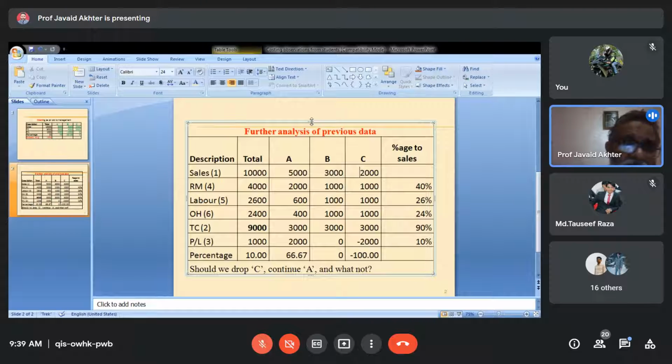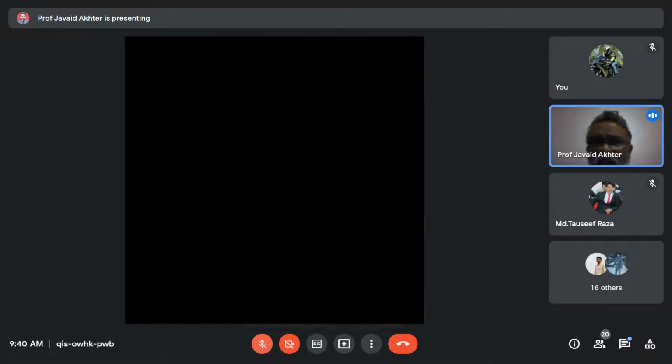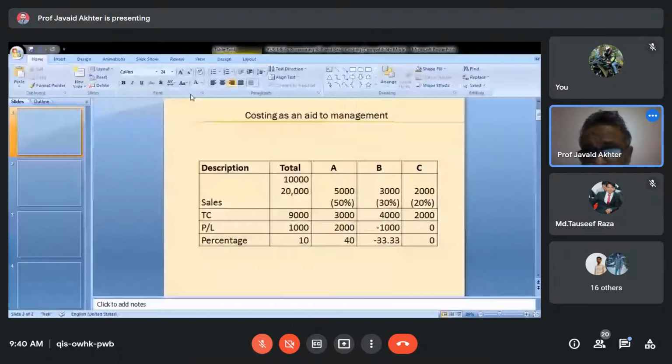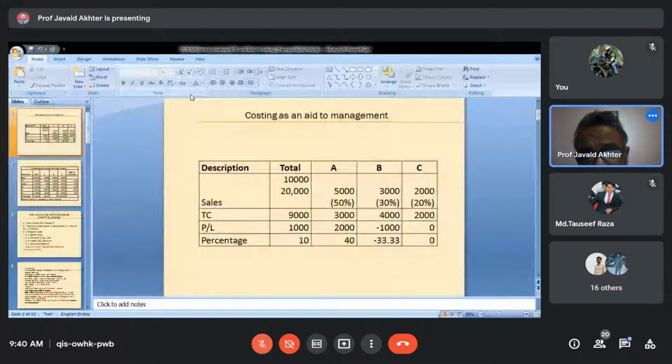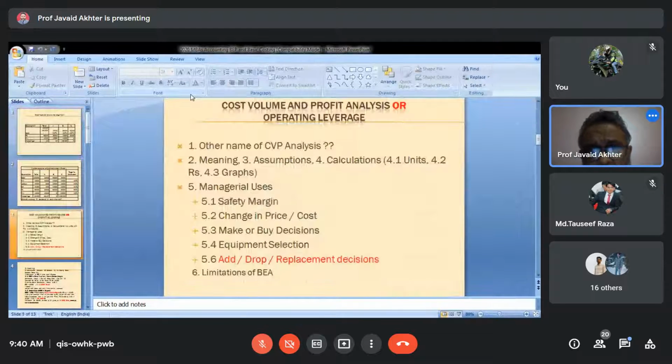One such technique, for which let me check if the slides are available, is the break-even analysis. I'll just open that slide. We'll close the other slide.